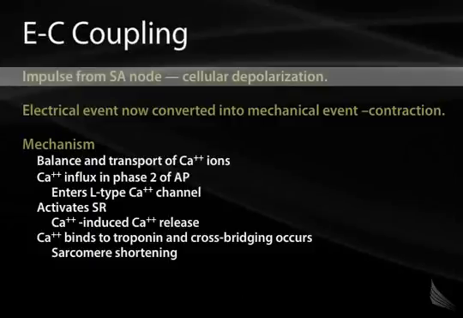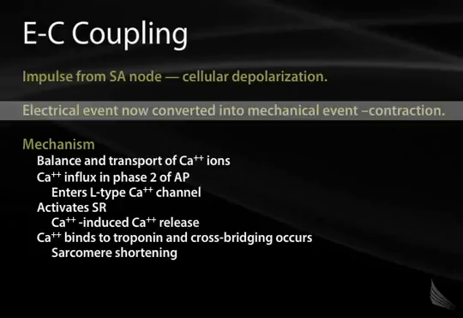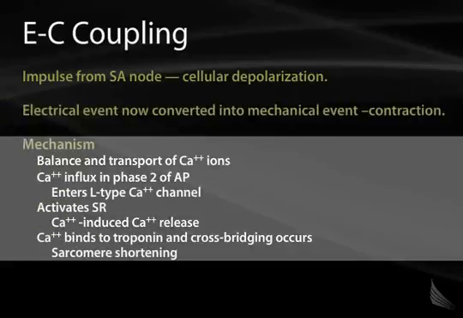The impulse from the sinoatrial node causes cellular depolarization. That cellular depolarization travels from cell to cell. The electrical event during the action potential is converted into a mechanical event called contraction. The mechanism of contraction depends on the transport of calcium ions into the cell during phase 2 of the action potential.